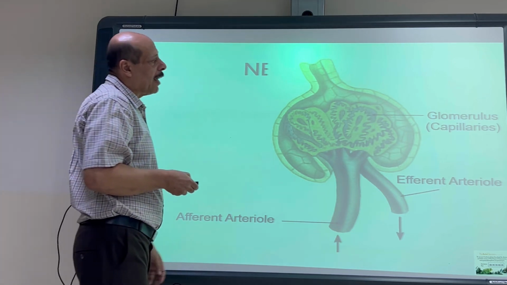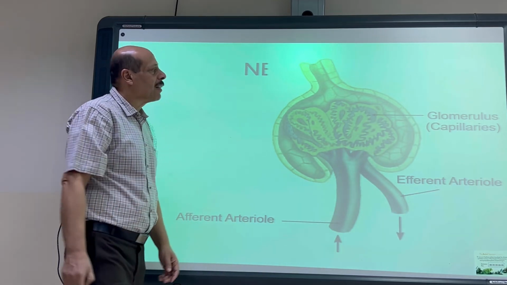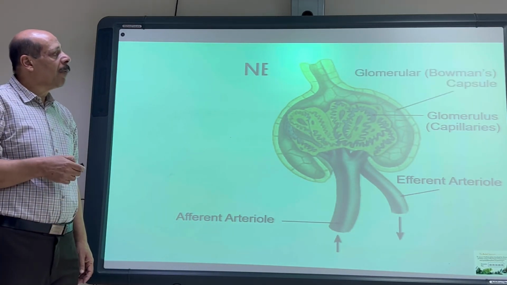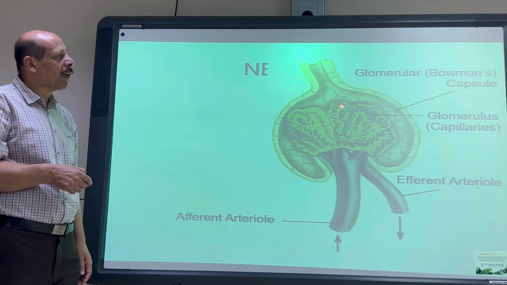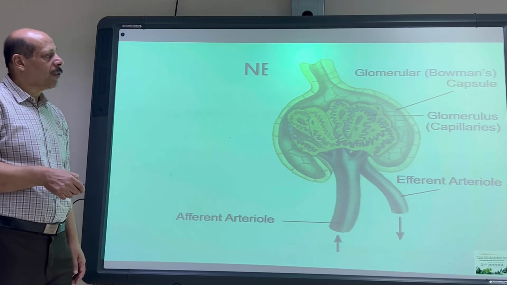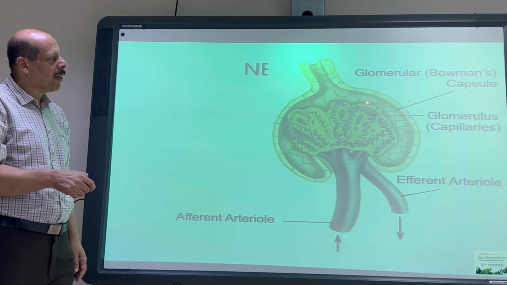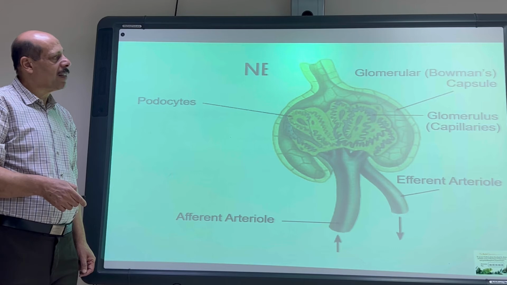So this is the glomerulus capillaries. Then the glomerulus and Bowman, this is what we call it. This is the Bowman capsule, this part. So this is the whole thing, it is the glomerulus. This is the Bowman capsule that the fluid is coming inside.